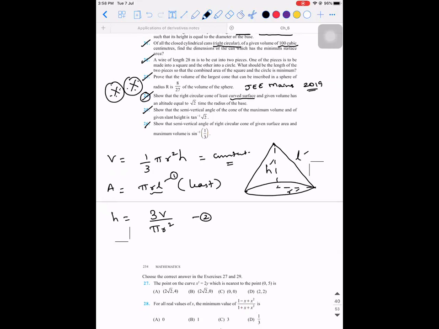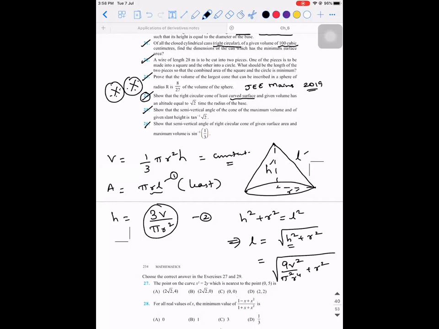And H square plus R square is equal to L square, which implies L is equal to root of H square plus R square. So in the place of H square, substitute this. Root of 9V square divided by pi square R power 4 plus R square. So this is L.